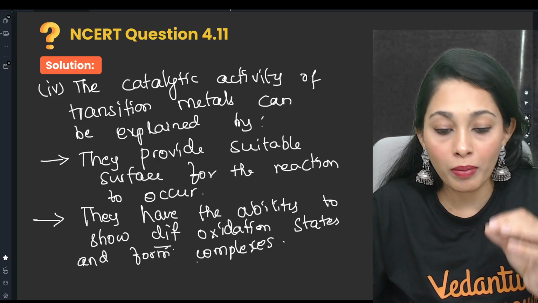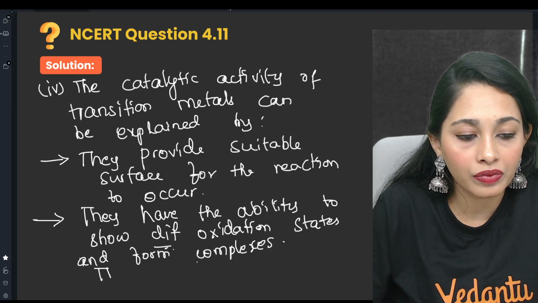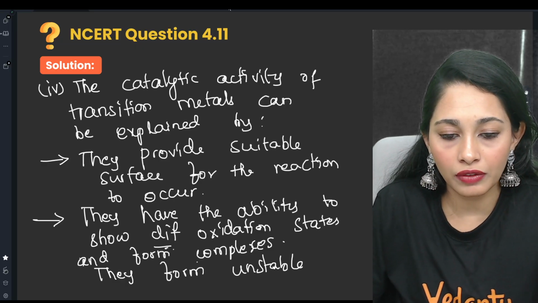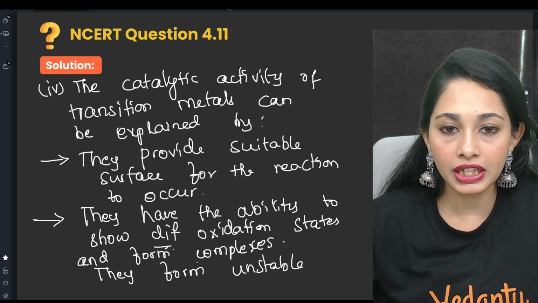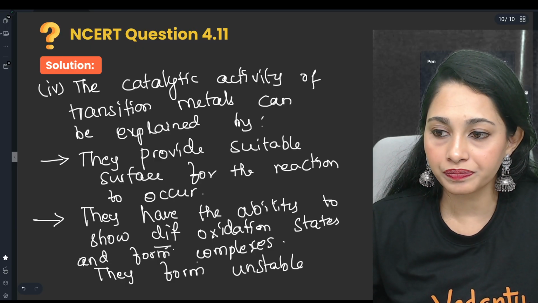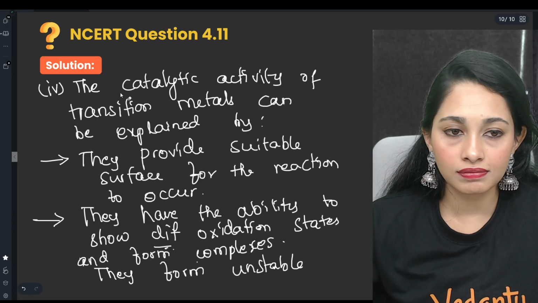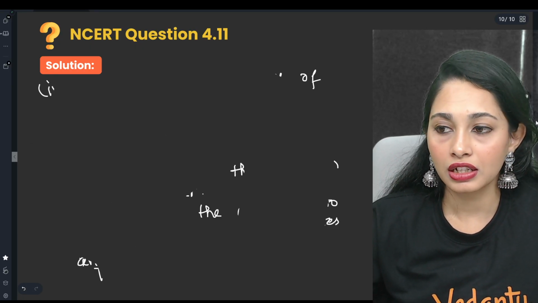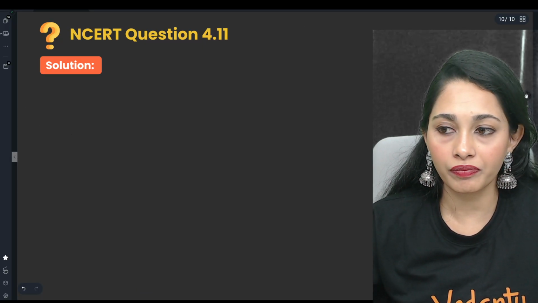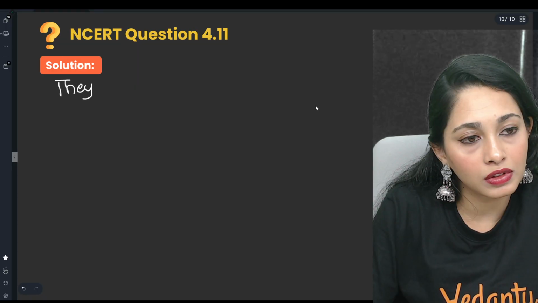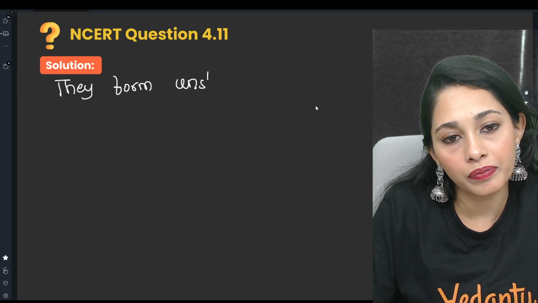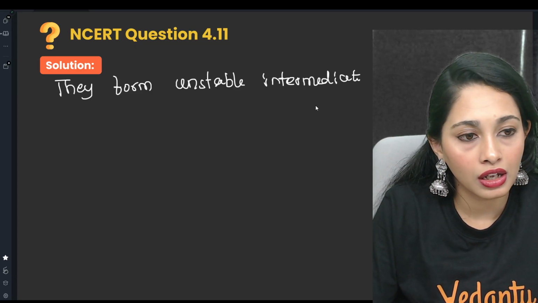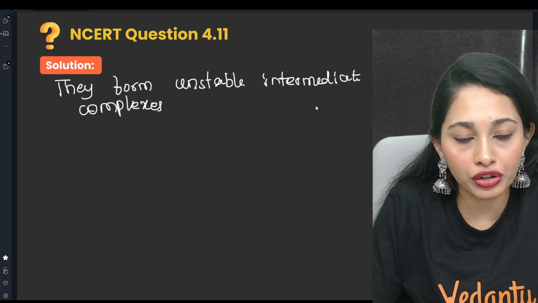These metals form unstable intermediate complexes or compounds.